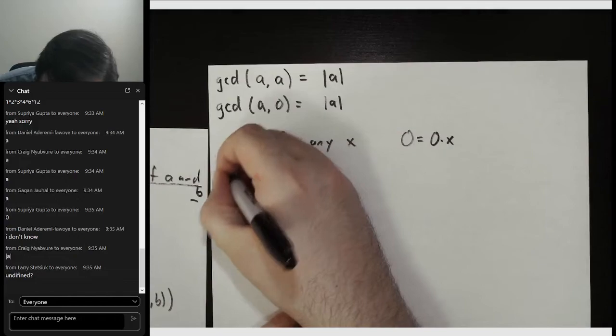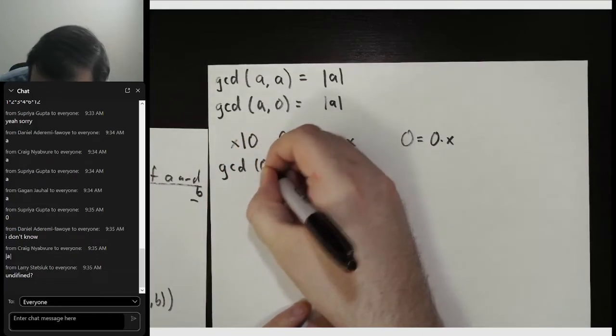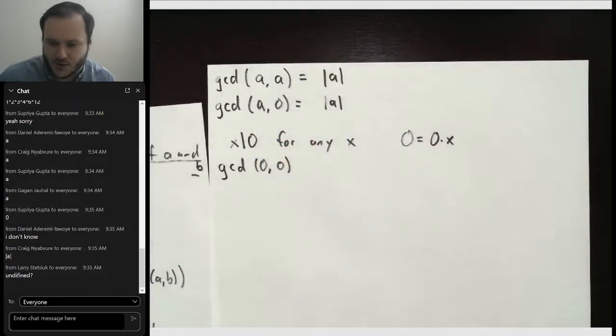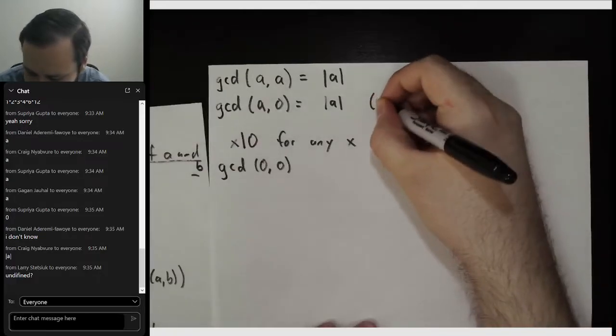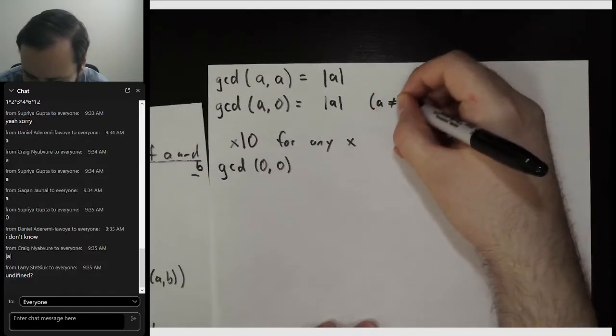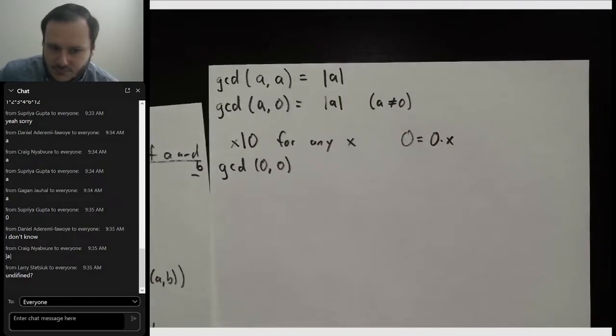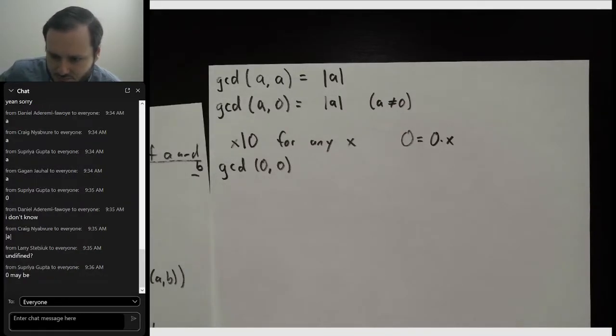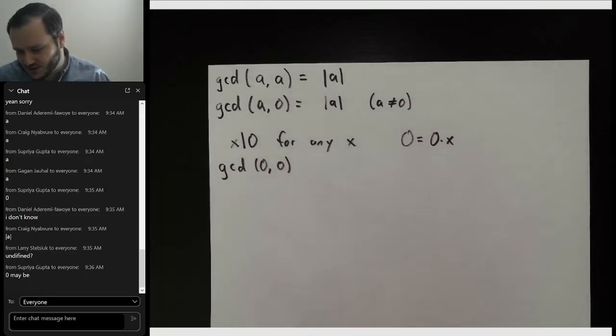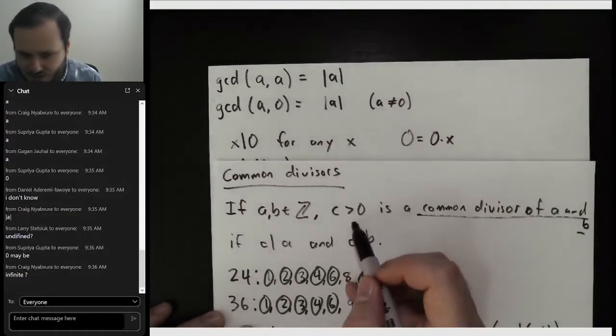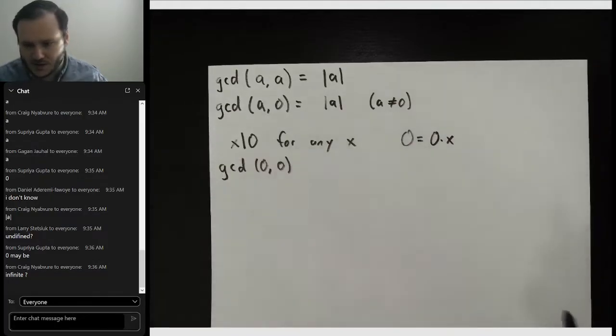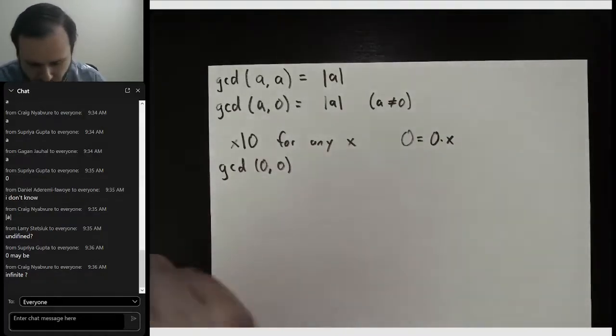One last question. What is the greatest common divisor of 0 and 0? Still can't be 0. GCD can never be 0 because divisors can't be 0. We have to pick a number greater than 0. Yeah, here we have a problem.